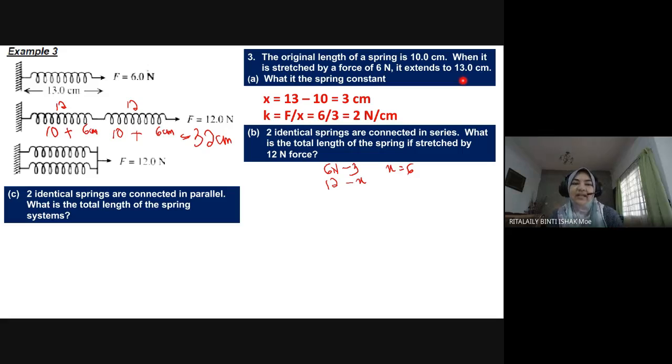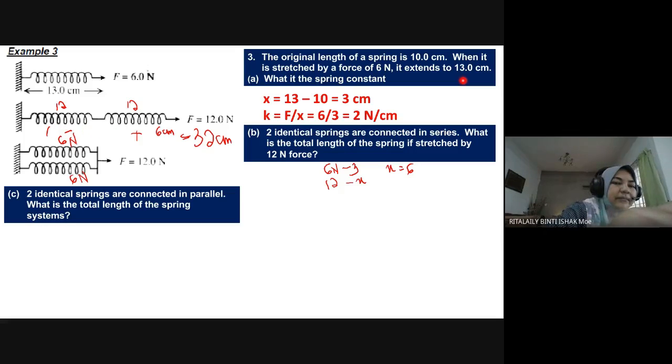Okay, for B, all springs will get the same force, which is 12 Newton. But for C, what would be 6 Newton for each spring? Yes, okay. So this one will get 6 Newton. The next one will also get 6 Newton.